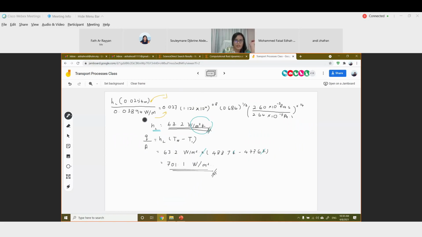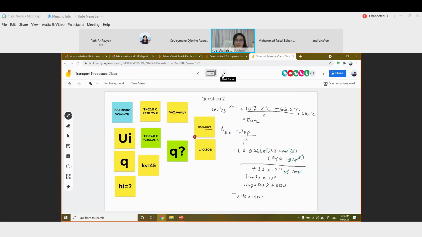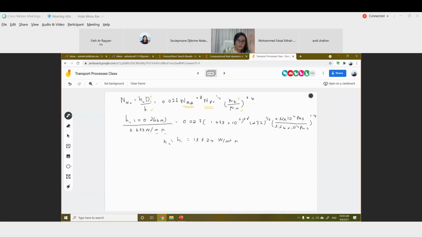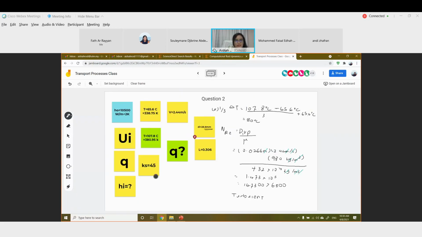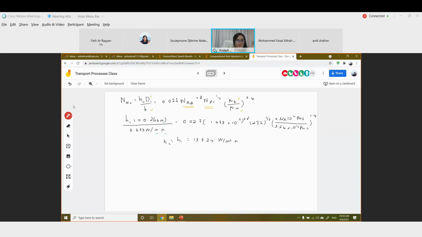Okay, so the units check out. So what did they want just now? They want the h_i, so we already have h_i. And then what else do they want? U_i. Okay, correct, U_i. So this is A, this is B, and I suppose this is C. So we move on to part B.